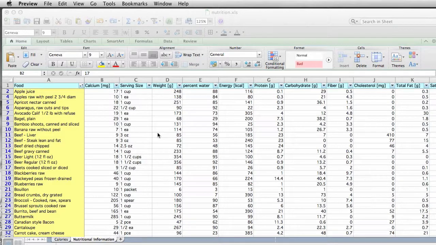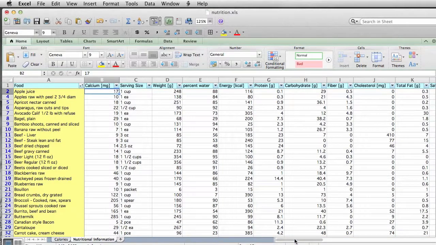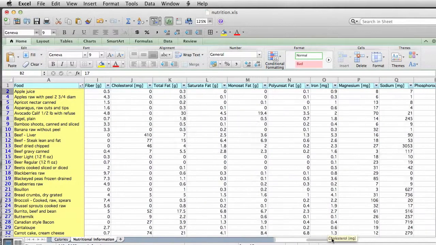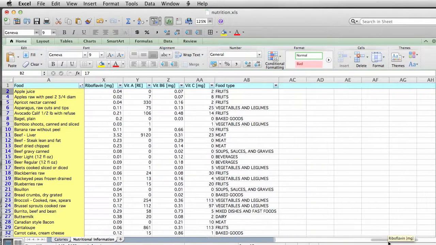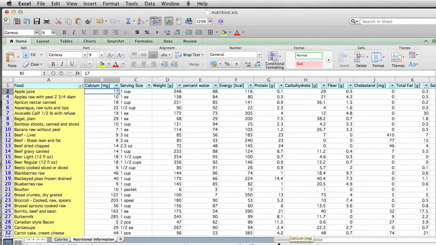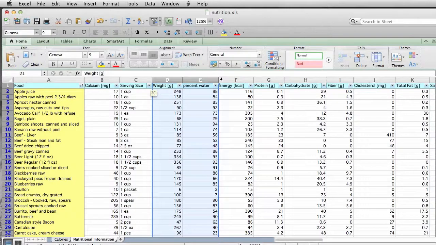Well, when we look at this database here, we can see again there's many different fields, and it gets kind of confusing when you have so many here. What we want to do is hide those fields which are not essential for our particular discussion right here. So we're going to hide things like weight, percent water, energy, protein.